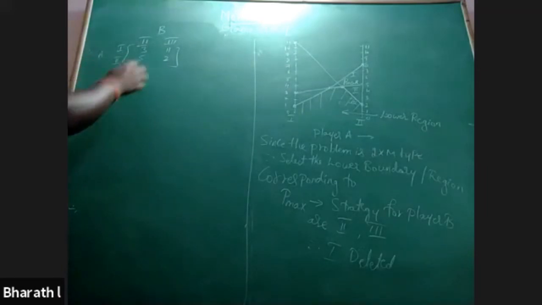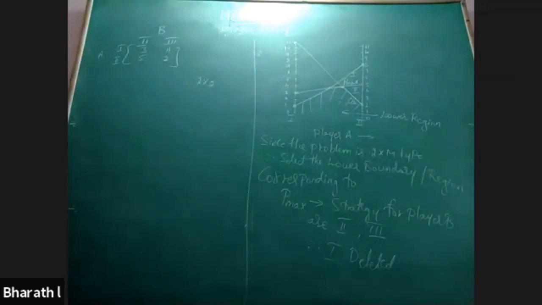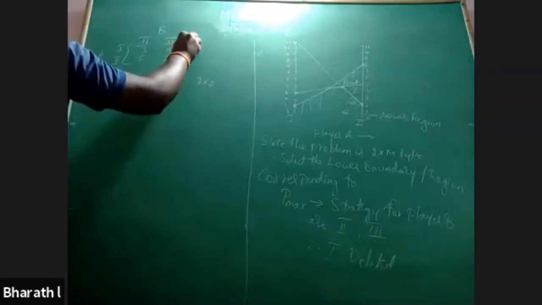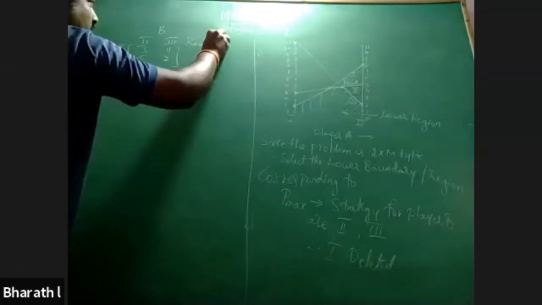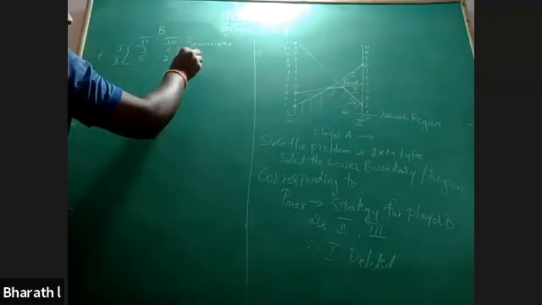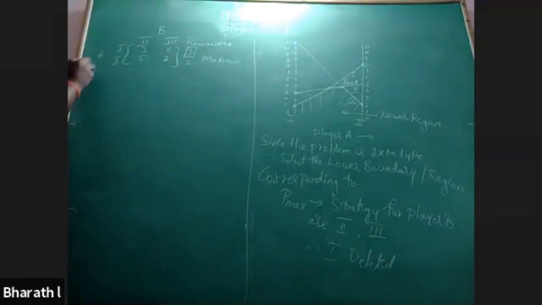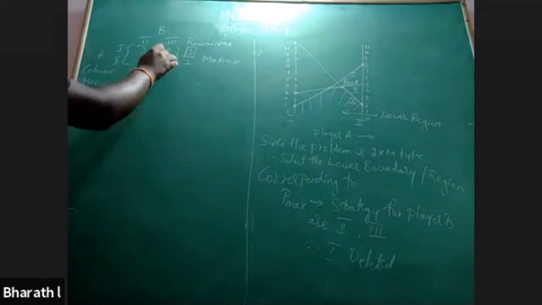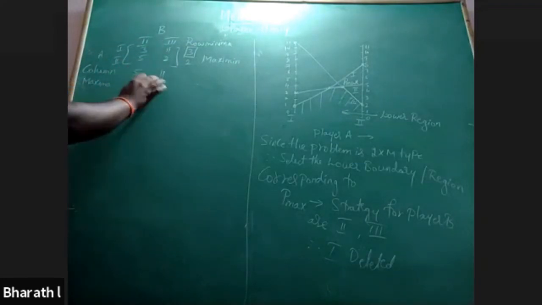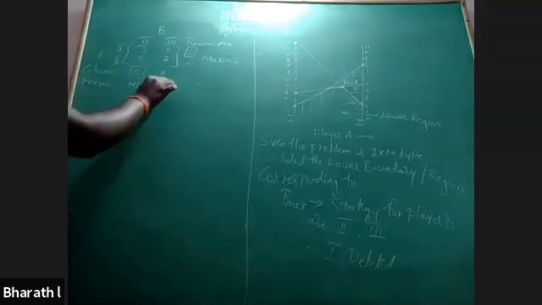Then next, since the order of the matrix is reduced to 2 cross 2, we can apply the saddle point concept. That is row minimum. The minimum is 3, and the maximum out of these minima is 3. Here you write maximin. Similarly, you have to find column maxima. Out of 3, 5, maximum is 5; 11, 2, maximum is 11. Out of these maxima, minimum is 5. Here you write minimax.